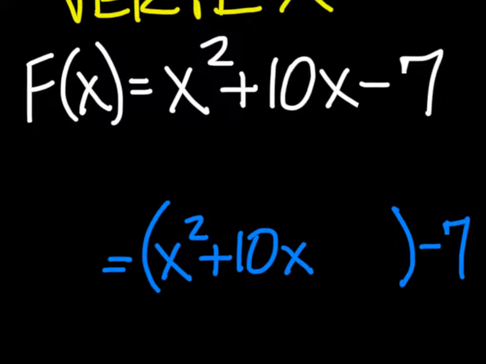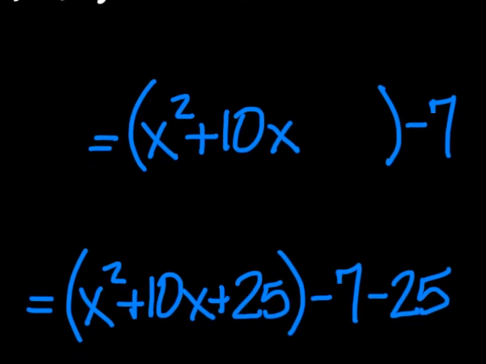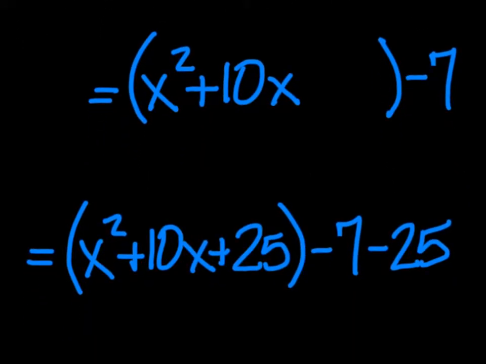Half of 10, and then what do we do with it? Square it. Okay, so half of 10 is 5, and we square that to get 25. So we've added 25 inside the parentheses. However, since we're staying on the same side of the equal sign, we've added 25 on this side, so we've altered the value of the equation.